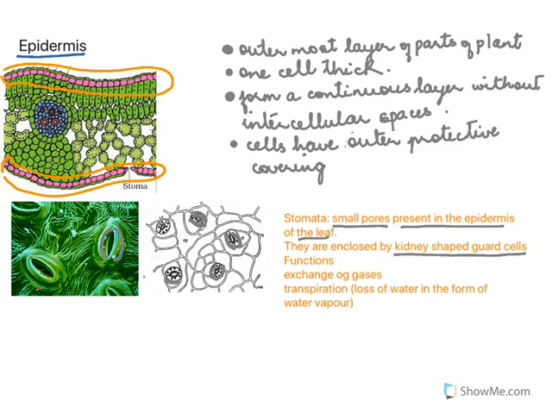You can see in the picture here, these guard cells surround the stomata and control the opening and closing of the stomata. The functions of the stomata are exchange of gases. We know that the plant takes in carbon dioxide and gives out oxygen. This exchange of gases takes place through the stomata. Another important function of the stomata is transpiration, which is loss of water in the form of water vapor.